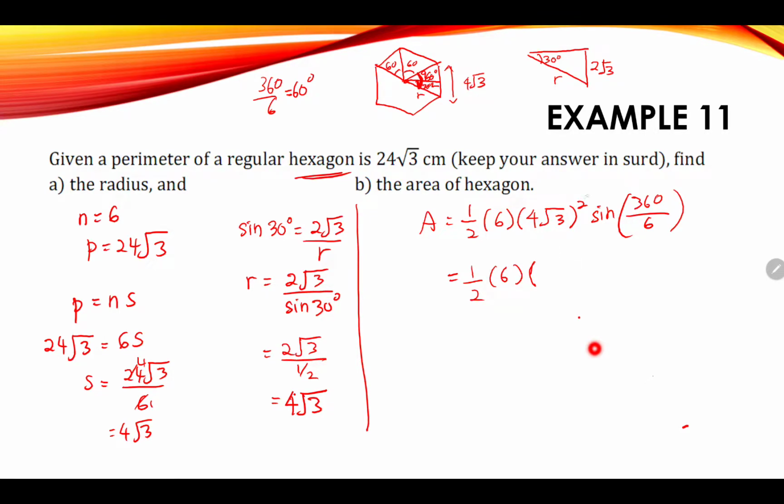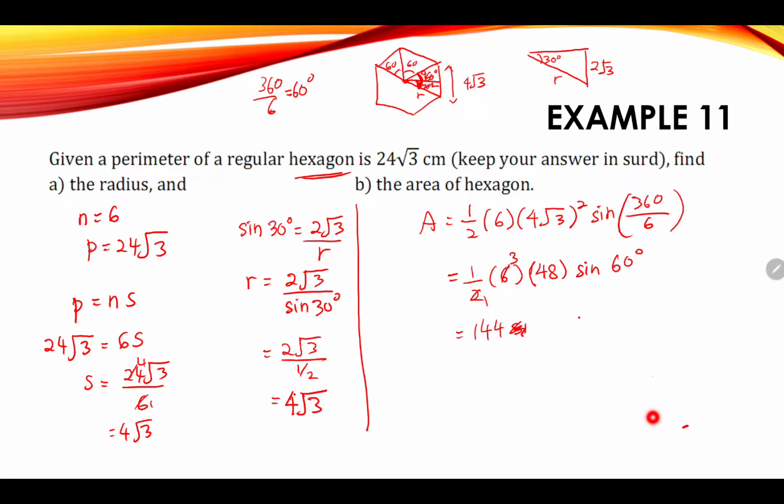Ni 4 square jadi 16. 16 darab 3. 48 sin 60. Okay, sin 60 adalah special angle equals, ini 1 ni 3 lah 3 darab 48, 144.